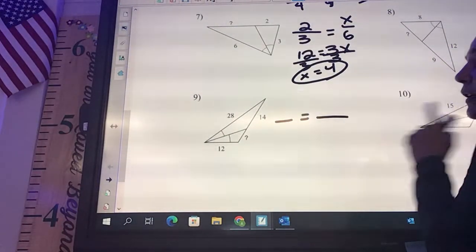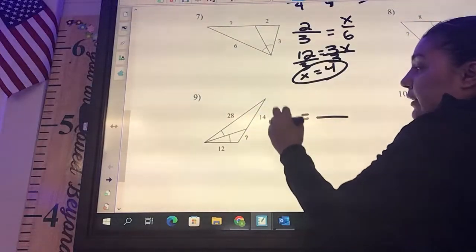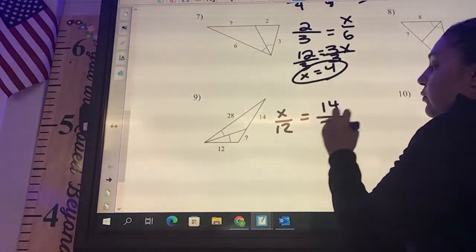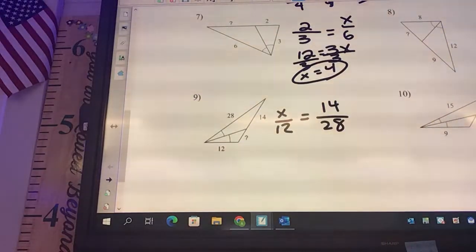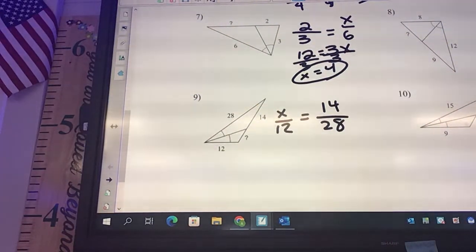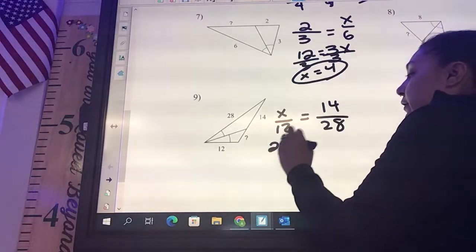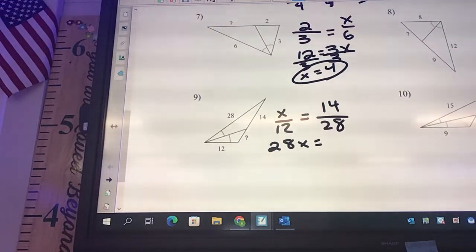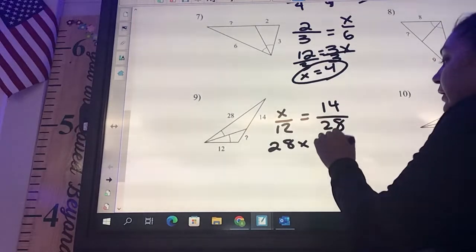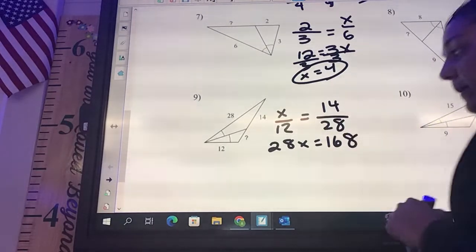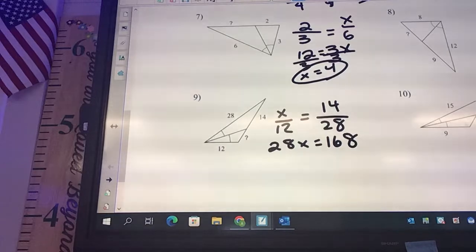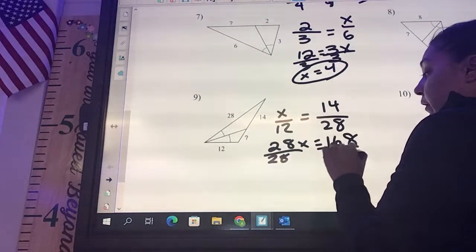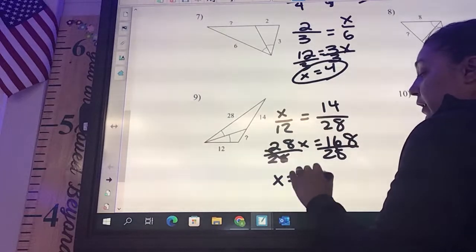Okay, we're gonna get x over 12 is equivalent to 14 over 28. So you get 28x equals, I keep saying equivalent, it's not, 168. And then divide both sides by 28. And you're going to get x equals 6.